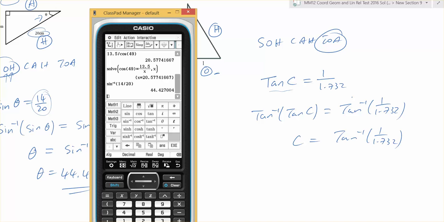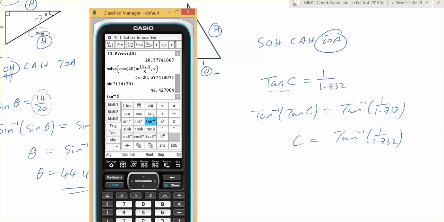Now, if you don't have a CAS calculator, you can find the inverse function by usually clicking shift and your normal tan. So when you click shift and normal tan, it takes you to the inverse tan. You can tell whether you've got the right one by having the -1 on the top of it.